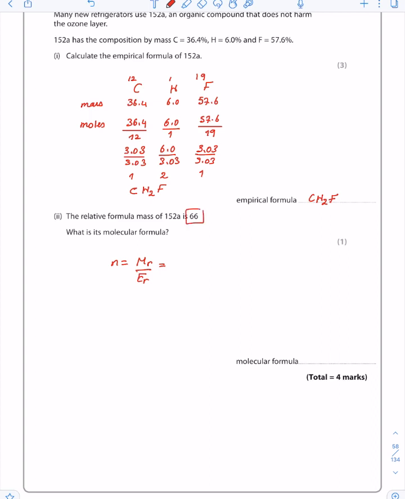The MR is 66, and the ER is calculated from the empirical formula: carbon 12, hydrogen 1 by 2, and fluorine 19, which gives 33. 66 over 33 gives 2, which means the molecular formula is the empirical formula CH2F repeated 2 times, so C2H4F2. This is the molecular formula of the compound 152A.